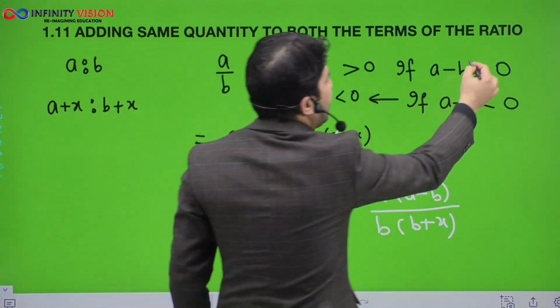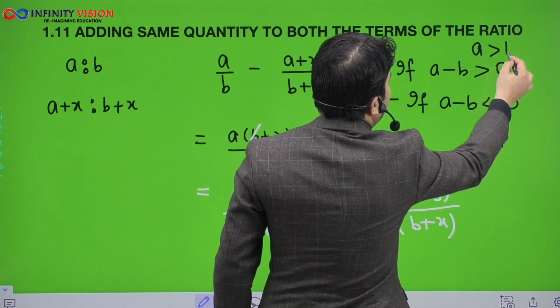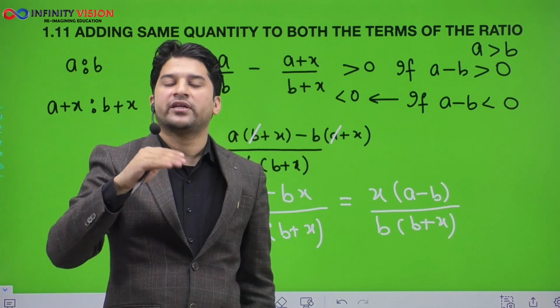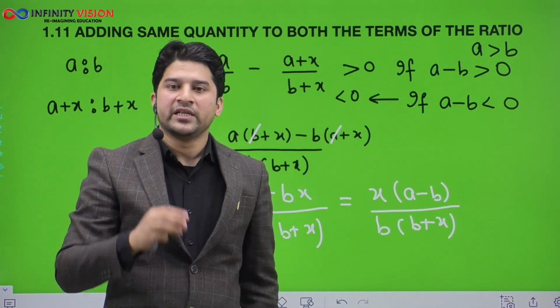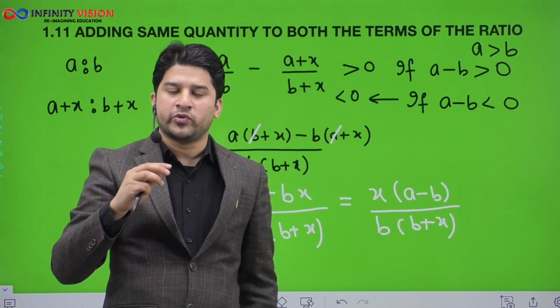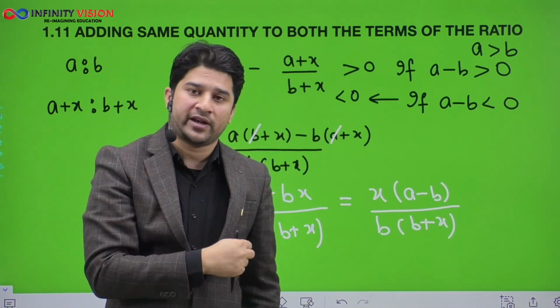When your antecedent is bigger than consequent, or the ratio is of greater inequality, then if you add the same quantities to antecedent and consequent, the new ratio reduces its value.